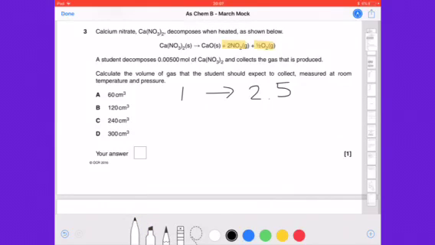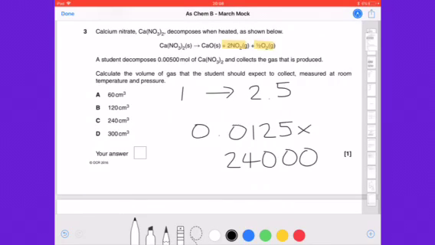So because of that 1 to 2.5 ratio, you do 0.005 multiplied by 2.5, which gives you the moles 0.0125, and then we have to multiply that by the volume that 1 mole of gas occupies at room temperature and pressure, which is 24,000 centimeters cubed. When you do that times 24,000, you get a volume of 300, which is answer D.